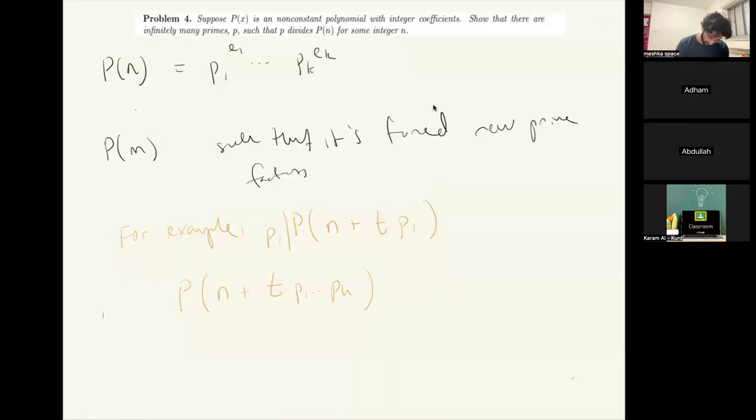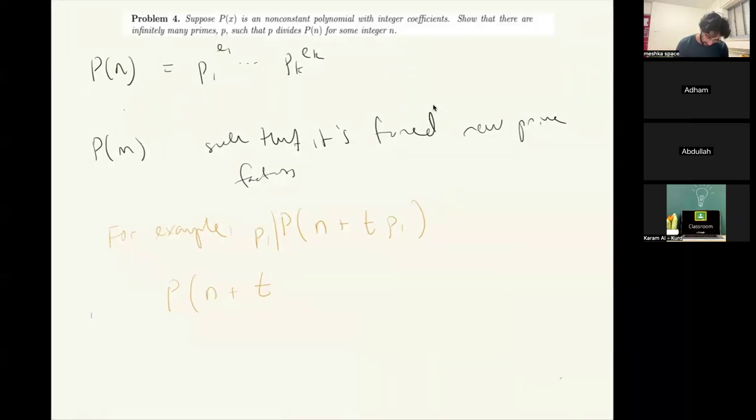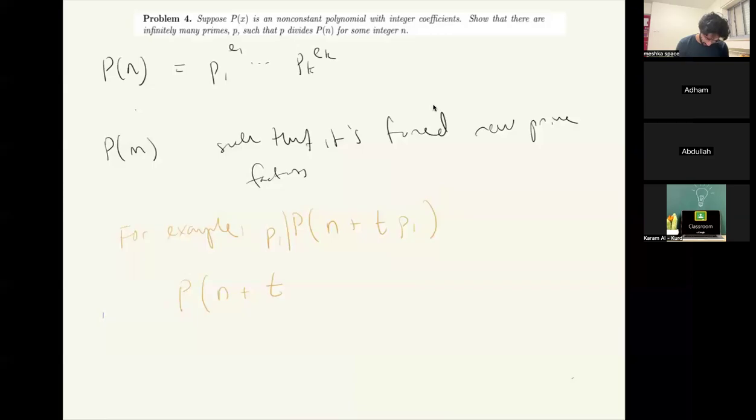But I think there's something a little bit cleaner: you take P(n) plus something times P(n). This is forced to be divisible by P(n). Does it make sense?